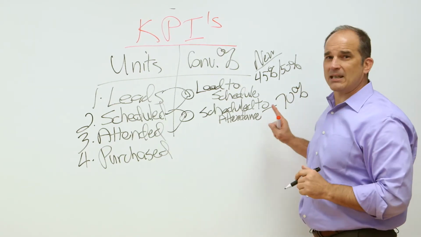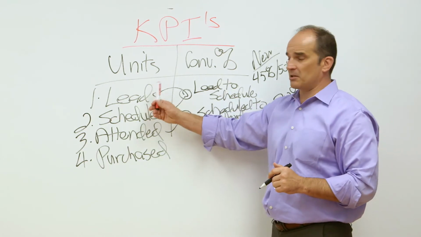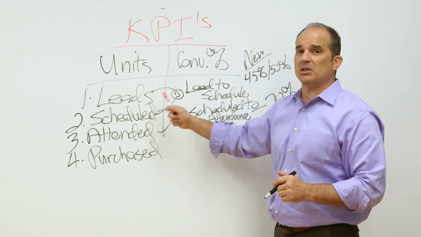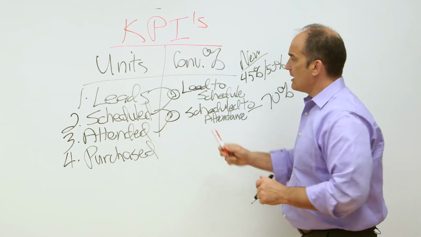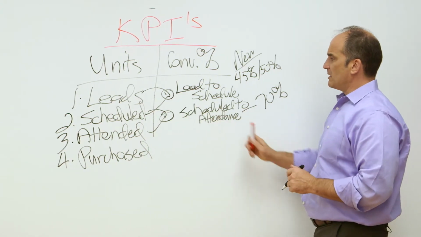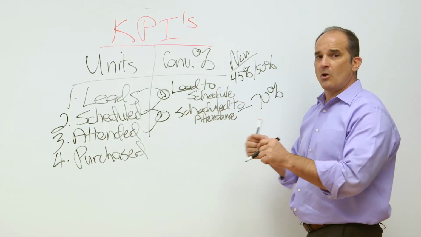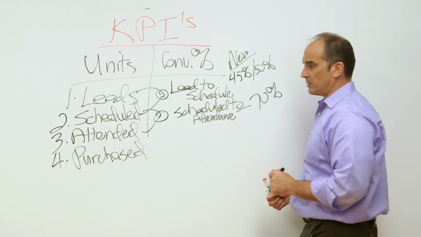If you're at less than 70%, you've got a problem with either the lead quality, or it may not be your lead quality, it may be your scheduling process, okay? So you're going to want to understand your scheduled to attendance rate and your lead to schedule rate to understand how these 3 numbers work together to drive the profitability of your business.